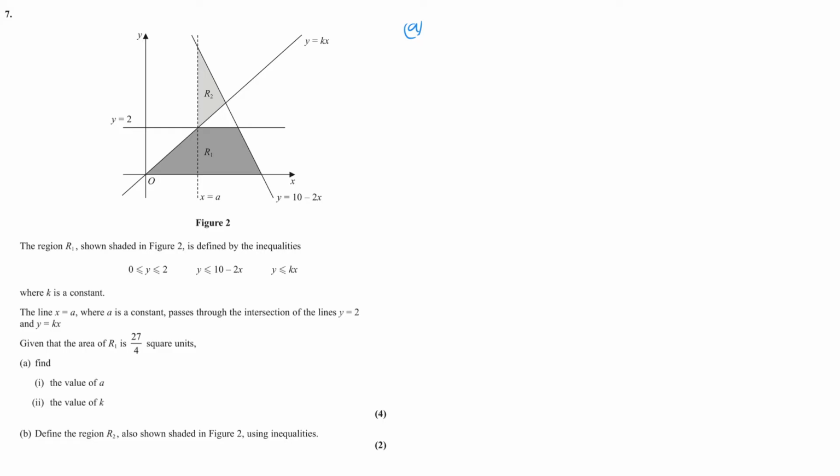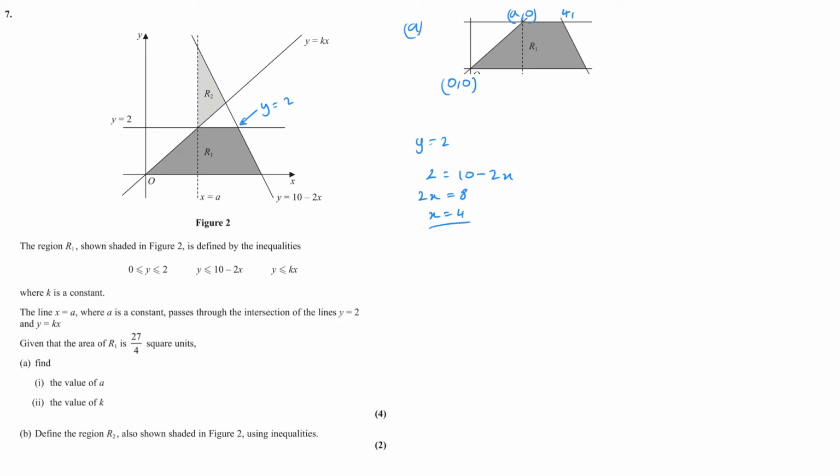Okay, question 7. So first part, we've got to find out what A and K are, and we're given the area of R1. So 0, 0 there, A, 0 there. Now, when y equals 2, we find this one. So it's 2 equals 10 minus 2x. 2x equals 8, x equals 4. So that is 4, 2 there.